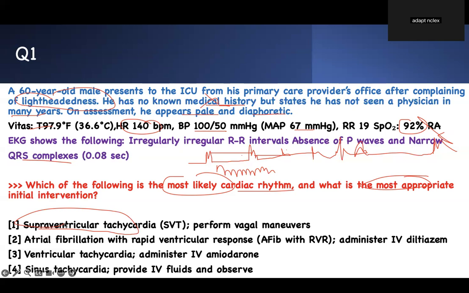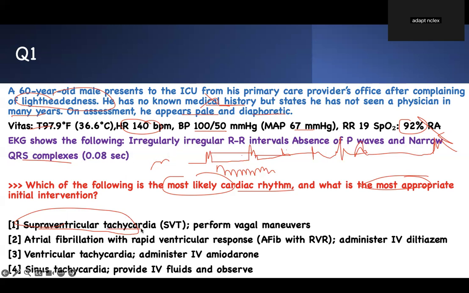Above the ventricle, fine, but you should have an atrial rhythm. The atrium will be buried in the T wave. You get closer, but there's no time. It's so fast, right? This is the key. So it cannot be supraventricular tachycardia.